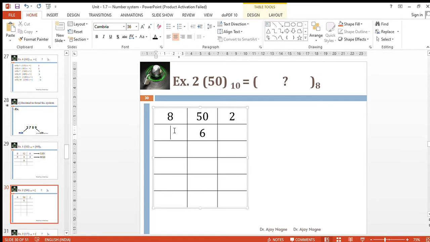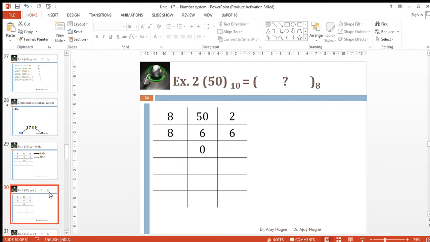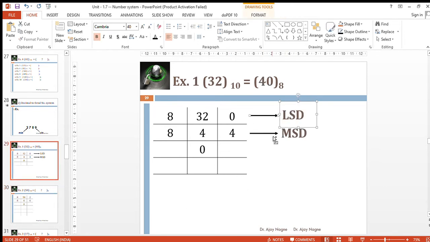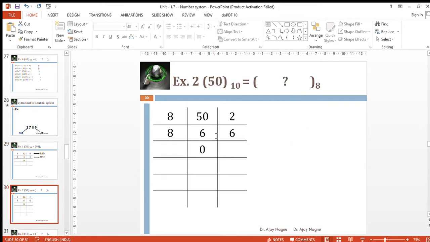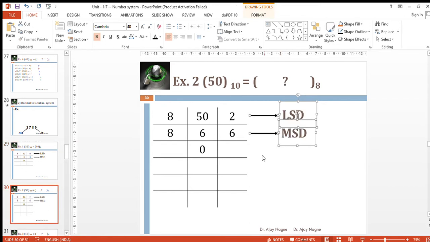Again we perform the mod operation on 6, but it is not possible to divide 6 by 8. So remainder will be 6 as it is and the division will be 0. So this 2 becomes the LSD and 6 becomes the MSD.